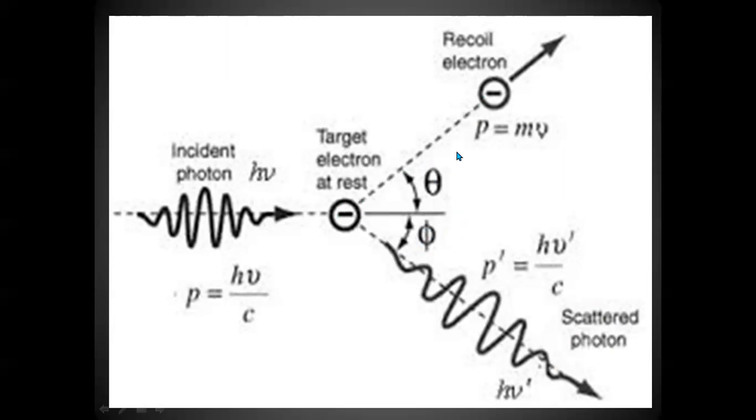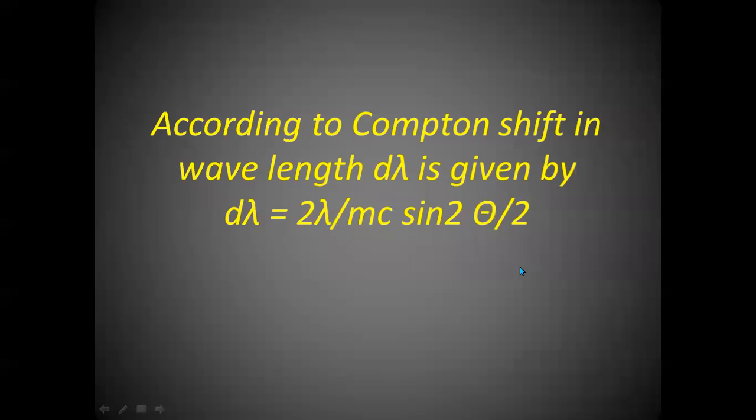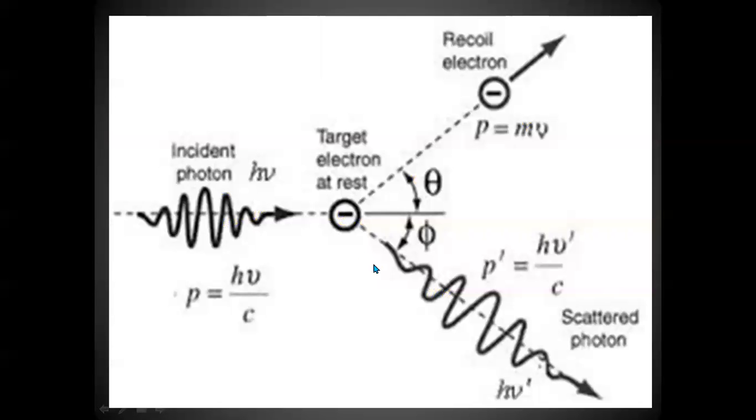Okay, this theta is given in this equation. This delta lambda or d lambda refers to the shift in the lambda or wavelength of this photon.